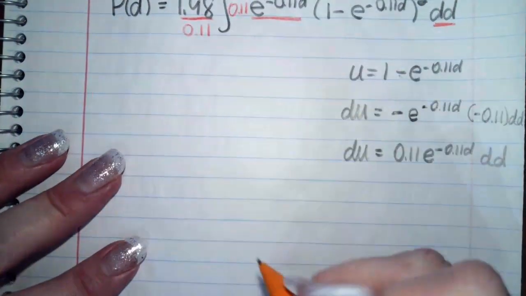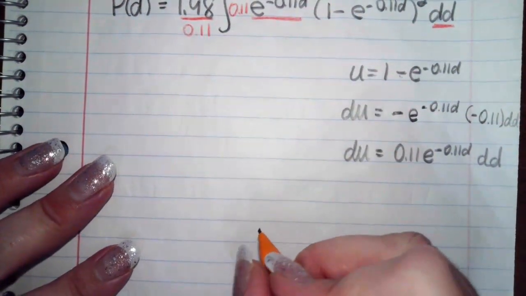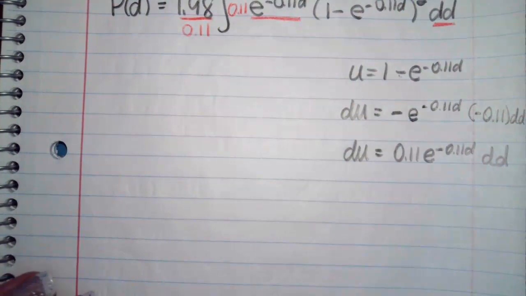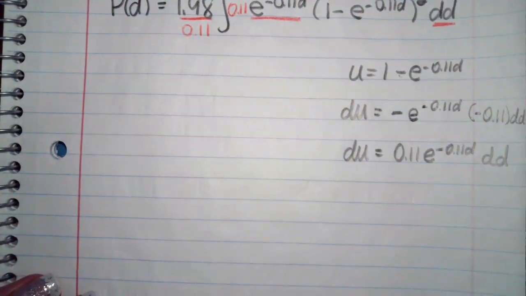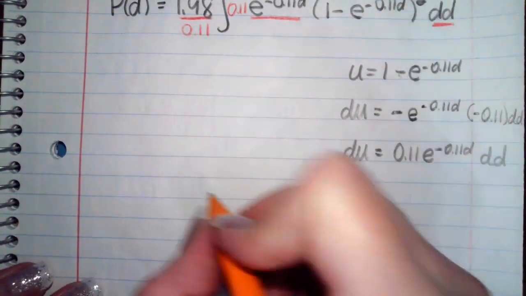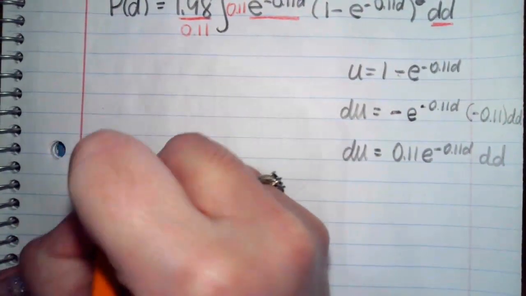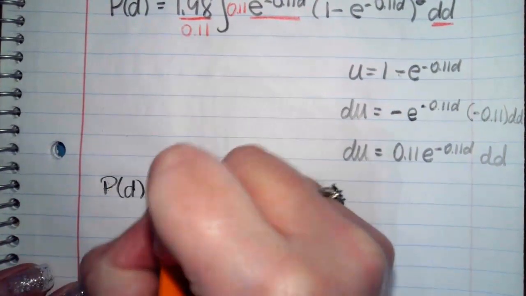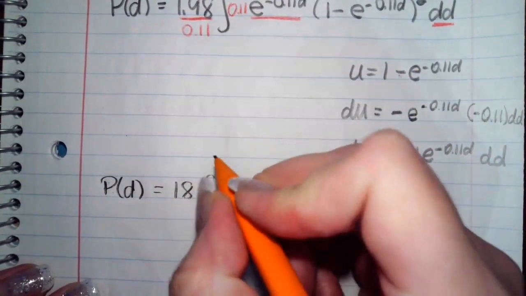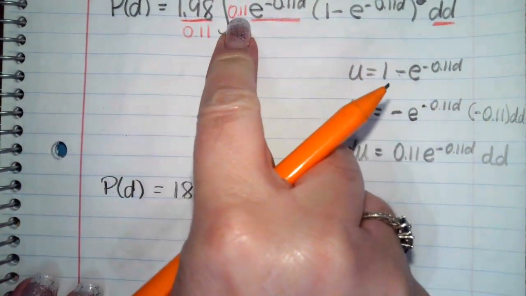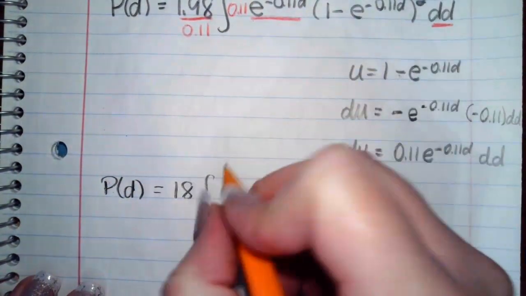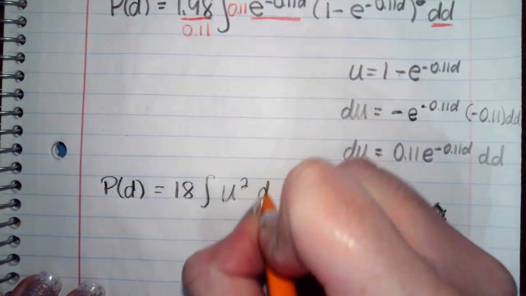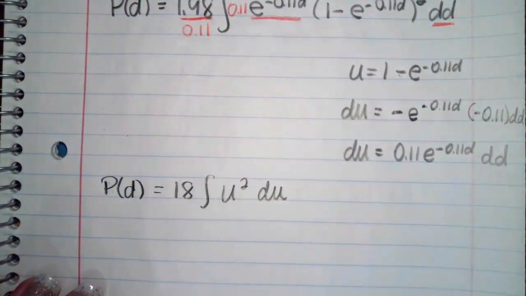So I'm going to drop this thing down here. So I've got 1.98 divided by 0.11, gives me 18, times the integral. Now I've got my du. So this is u squared du.